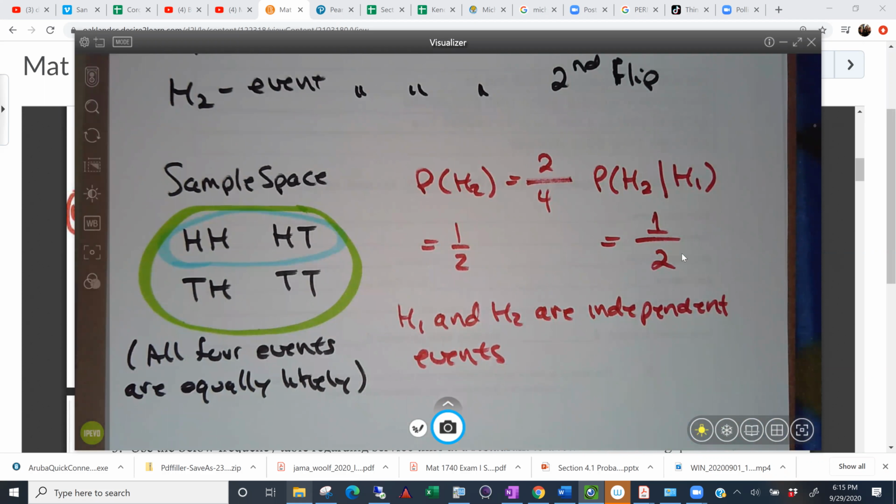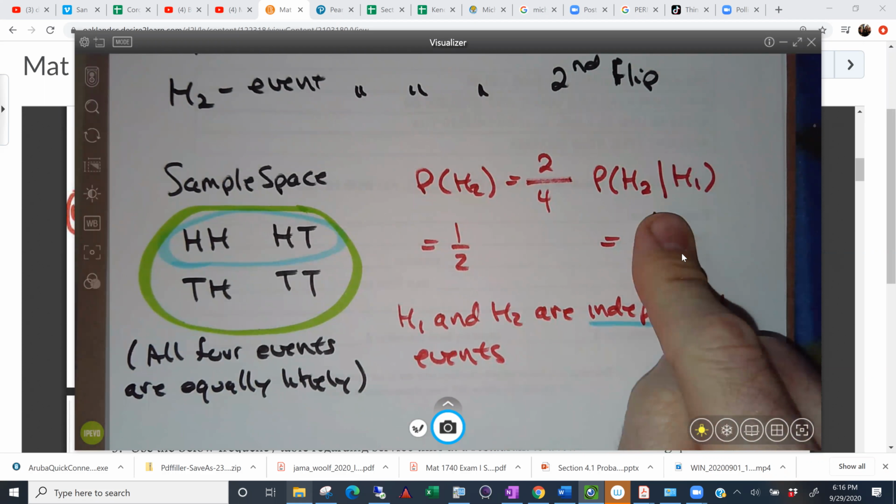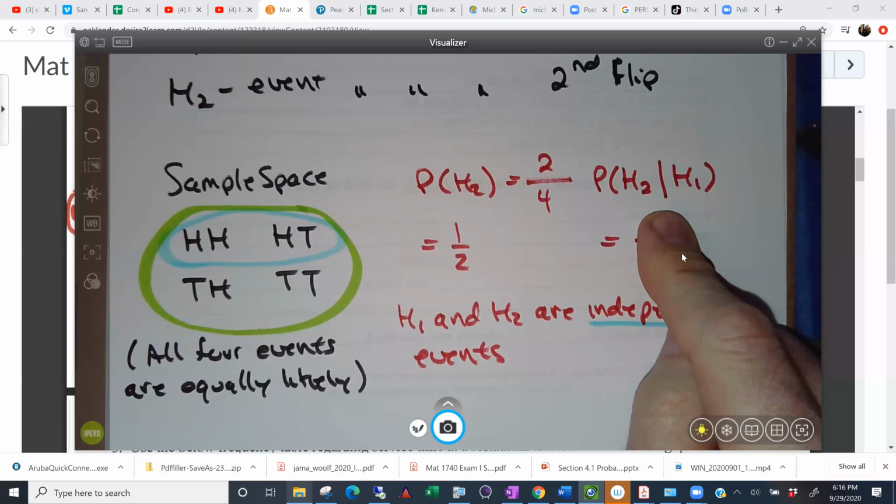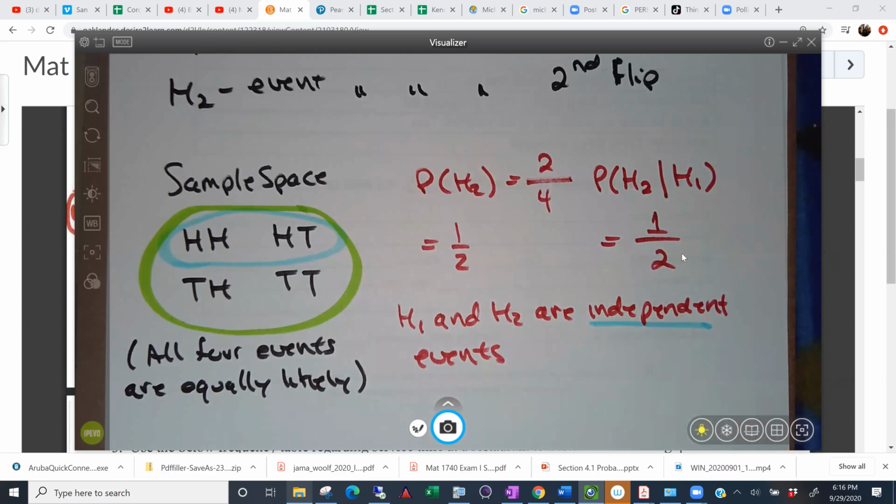Now, this is actually the root of a problem called the gambler's ruin. A lot of times gamblers lose track of this independence. You're at a slot machine, you keep on pulling the handle, you've been pulling it for hours, and you're like, it's due, it's gotta hit, I know it's due. But you know what?